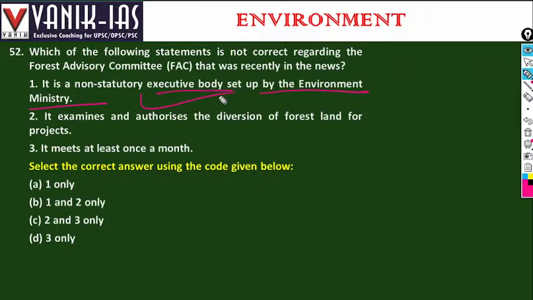Next, it examines and authorizes diversion of forest land? No, it doesn't advise diversion of forest land. Obviously, it's a negative sentence. Any government authority will not advise for diversion of forest land.